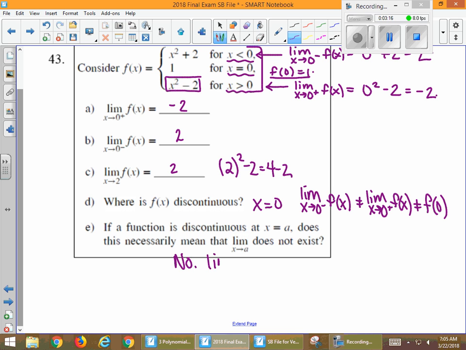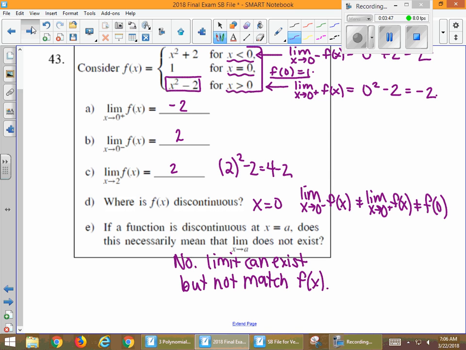So the limit could exist, but not match f of x. So in that case, f of x would not equal that output. All right, that's number 43.